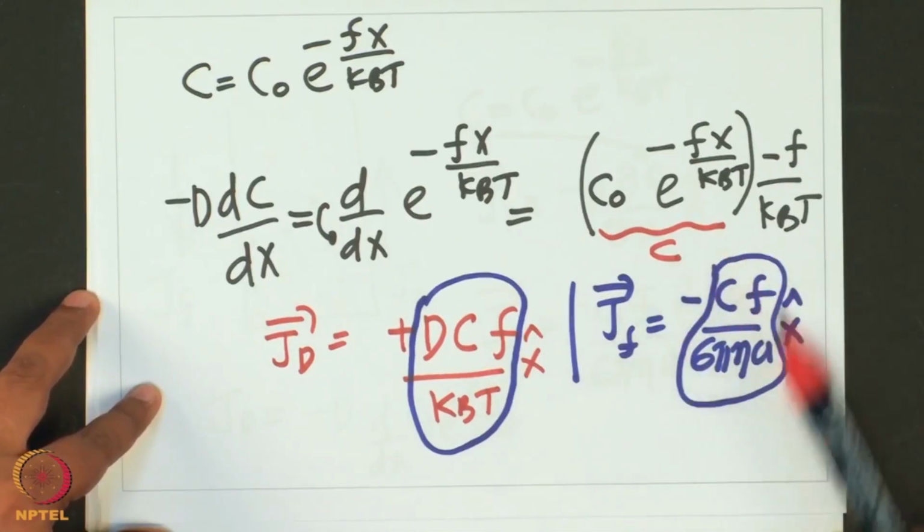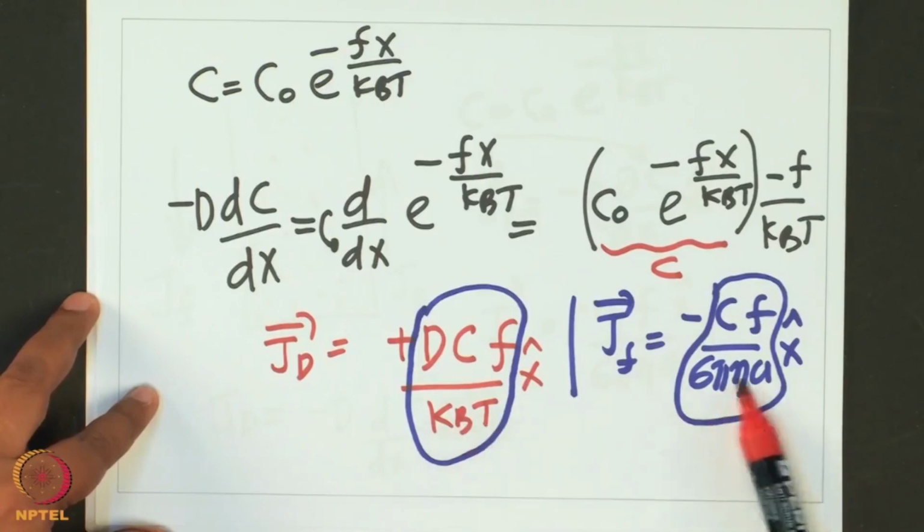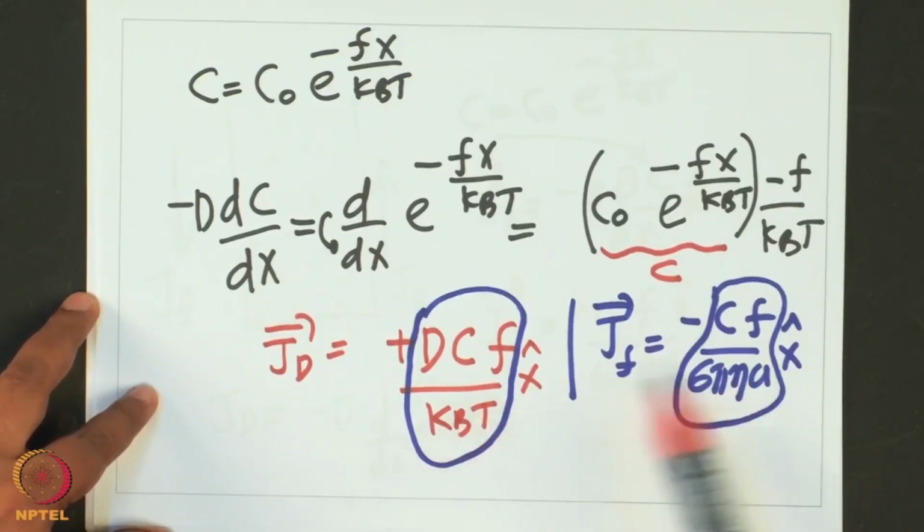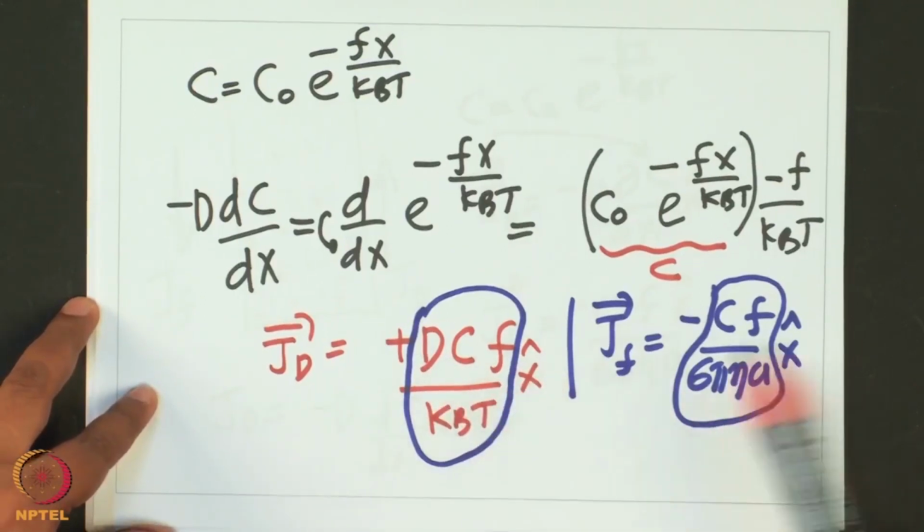If I equate these two quantities, their magnitudes will be the same, so they will have opposite direction.